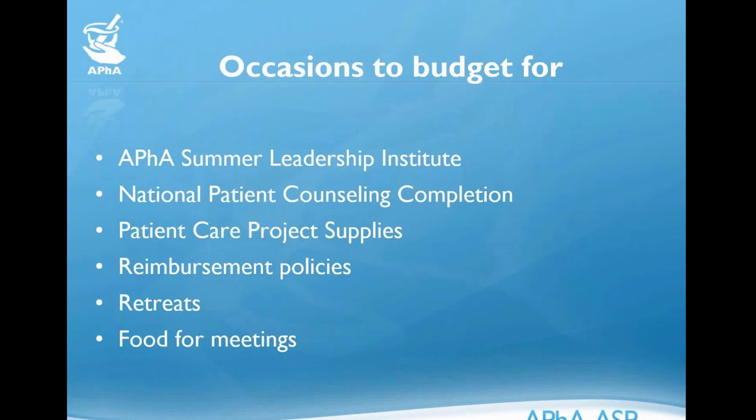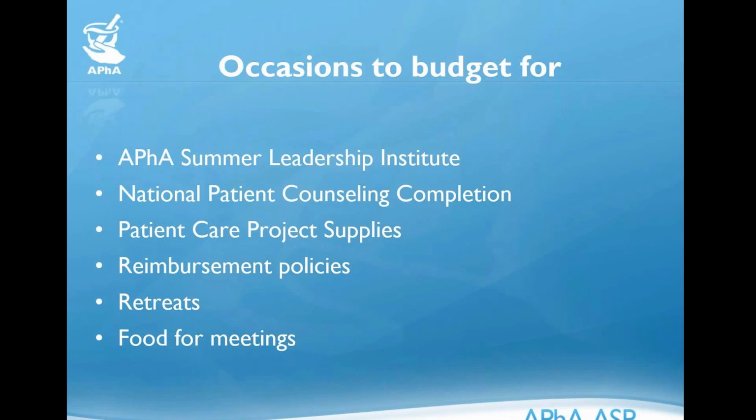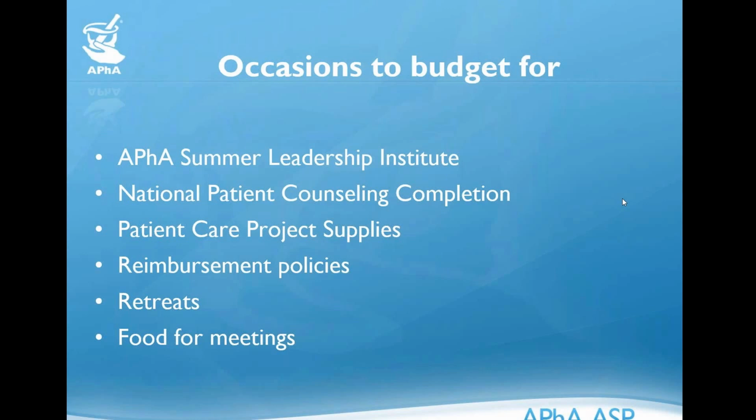If you reimburse any of your chapter members for activities, or you have any particular promotions for very active members, if you were to reimburse them for, let's say, travel or for expenses that they might have for something related to a patient care project. Certainly budget for retreats and food for meetings. After all, food gets people to meetings, so that's always a good thing to spend money on.